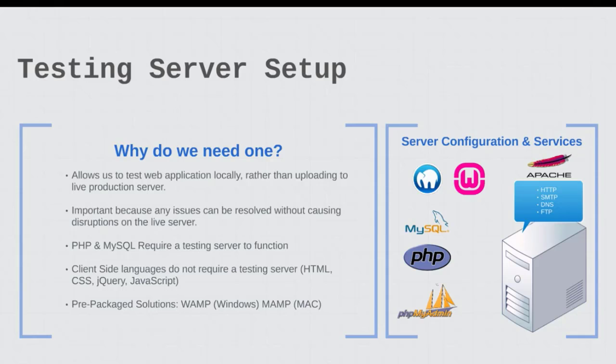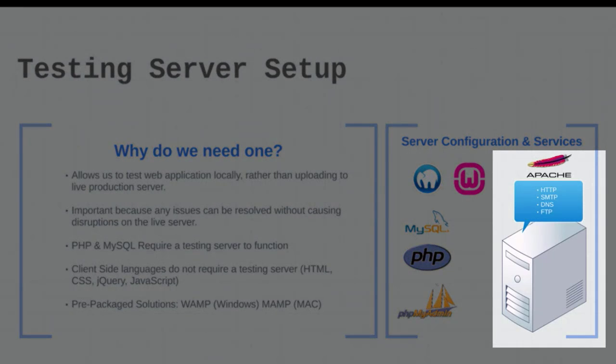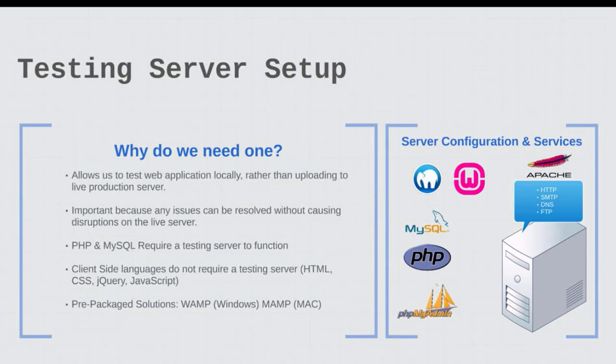The web server we'll be using to communicate with our MySQL database and PHP scripts is Apache HTTP server. When installed on your Windows or Mac machine, this server runs in the background and provides essential services through various protocols and through different ports.